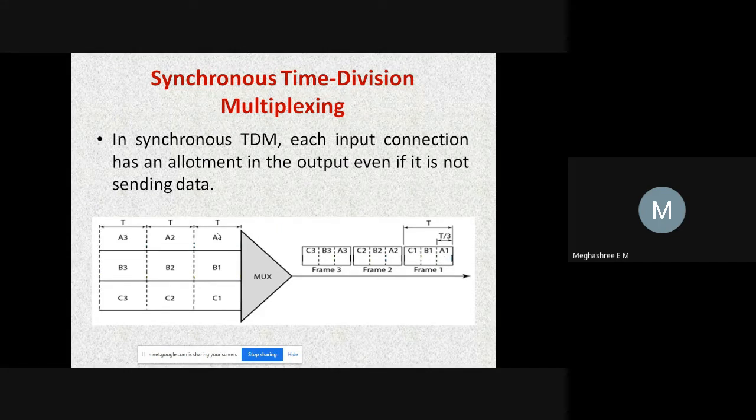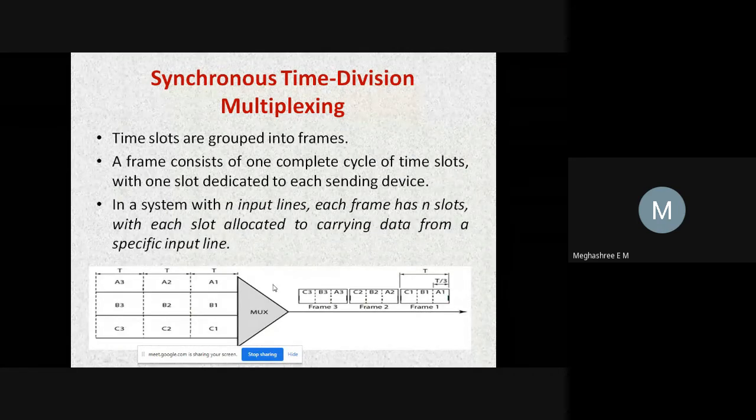This T represents the input time slot, and this T divided by n represents the output time slot. Fine, I hope I'm clear to everyone. So in this way, after multiplexing, the output will be passed over the transmission link, which will be of high bandwidth rate.